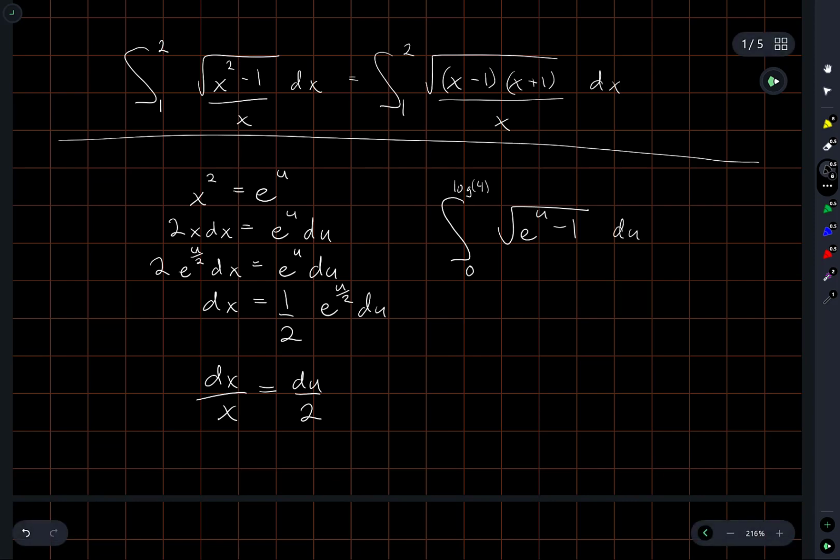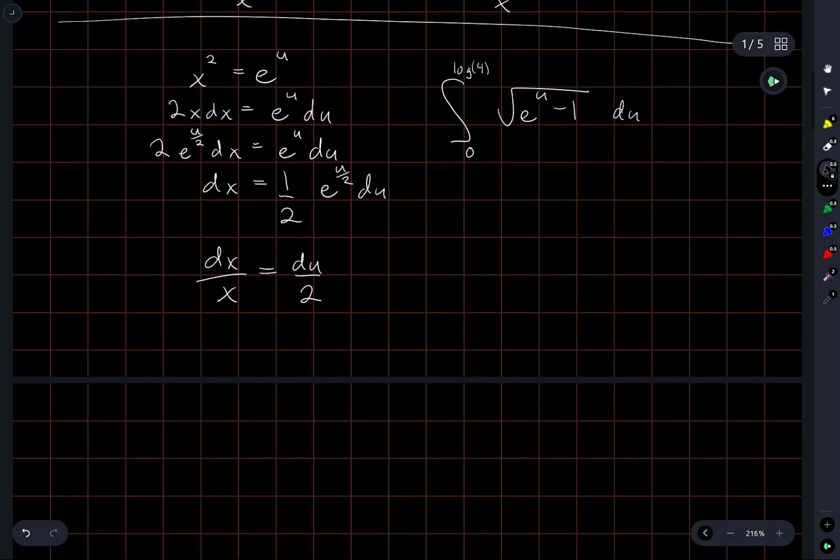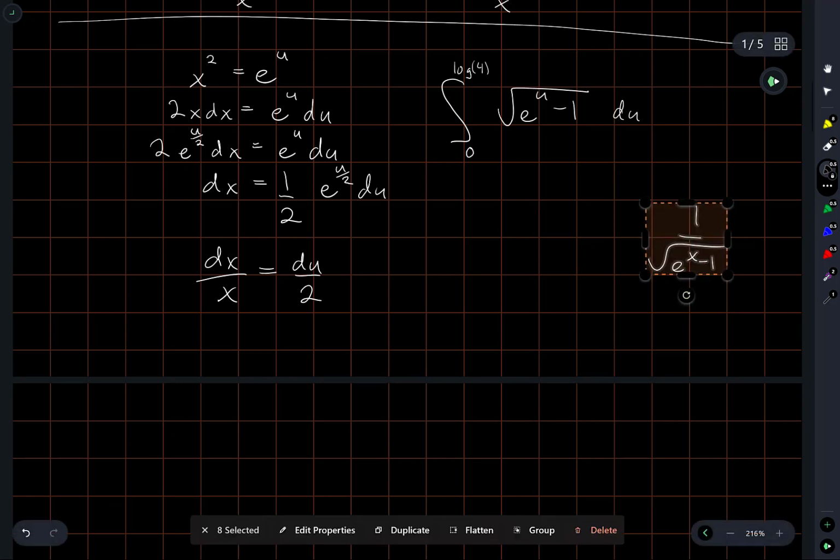Does this help? Wait a minute. No. Yeah, I did a question recently where we had to integrate this. I don't directly see if that would help here.